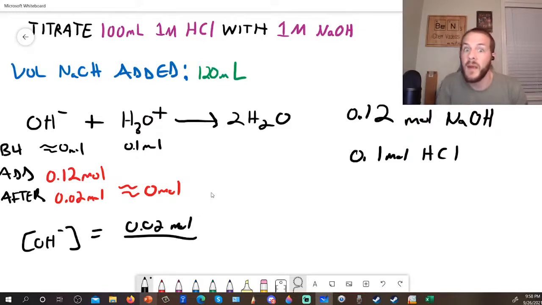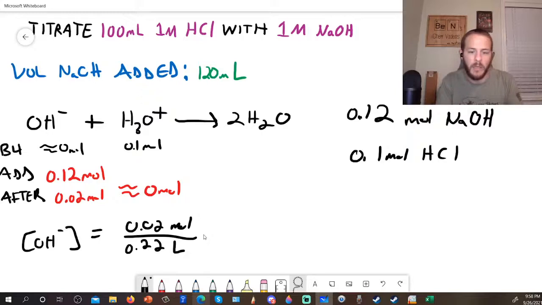And so to get the concentration of hydroxide, we're going to take that 0.02 moles of it, and we're going to divide that by the total volume. In this case, that's 100 milliliters plus 120 milliliters, which is 0.22 liters, or 220 milliliters. I just converted that in my head, as I've been doing over and over again throughout this presentation. So we're going to calculate that concentration. So that's 0.02 divided by 0.22.